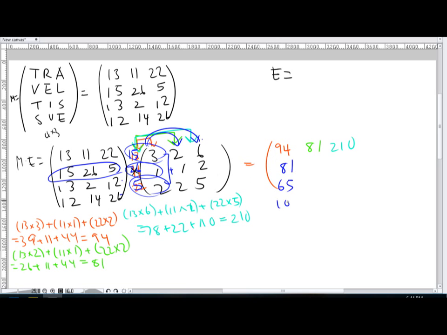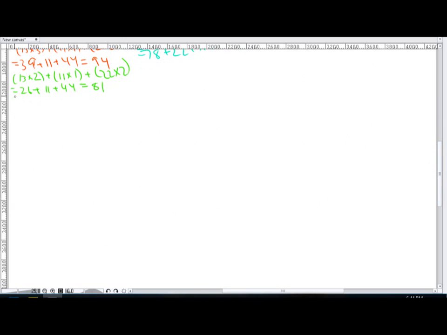It's 65, 102, 66, 52, 90, 167, 142, and 230. So this is my C, and since we have our E and our C, we can now present the problem.